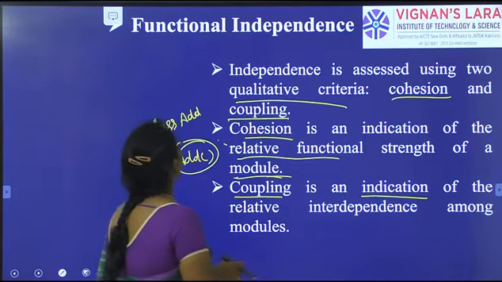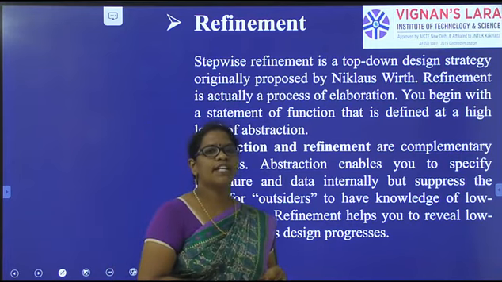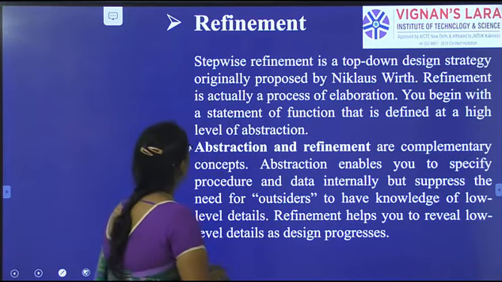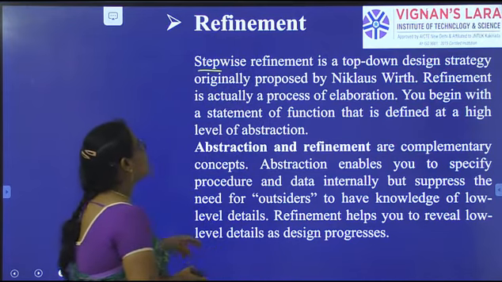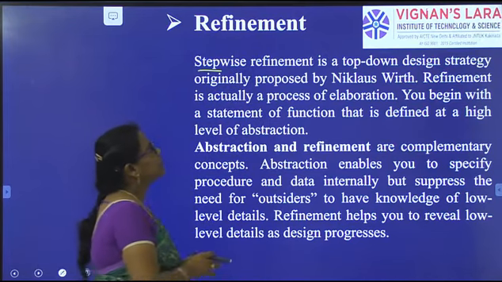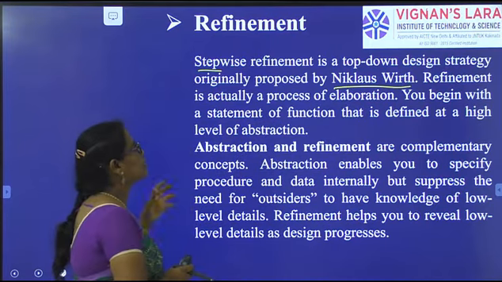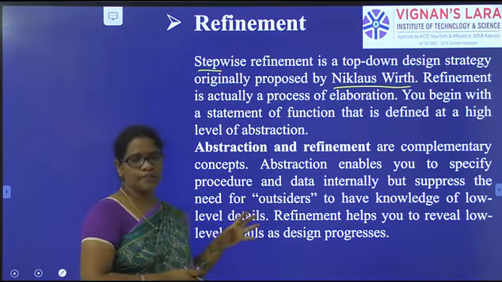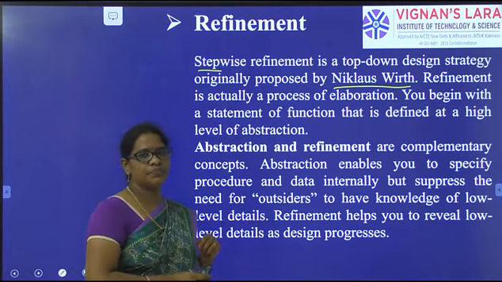And next one is refinement. So what is refinement? Stepwise refinement is a top-down design strategy originally proposed by Niklaus Wirth. He is one of the contributors to software engineering. Refinement is actually a process of elaboration.